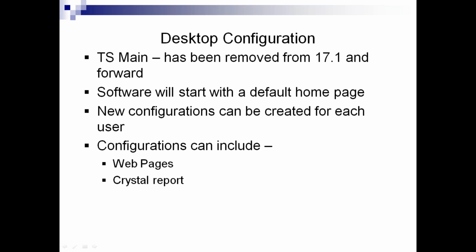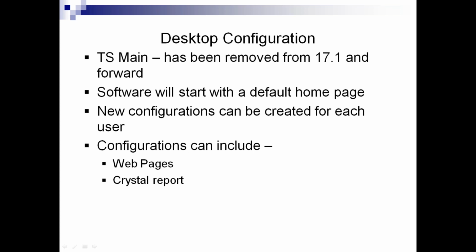All right, so the first thing we're going to talk about is the configuration, the desktop configuration. And the very first bullet here, everyone needs to be aware of with regards to TS Main. So TS Main is slowly being phased out of Sage 300 CRE. It's still available from the desktop in 16.1.